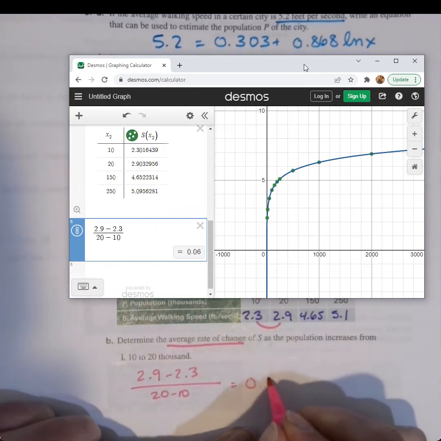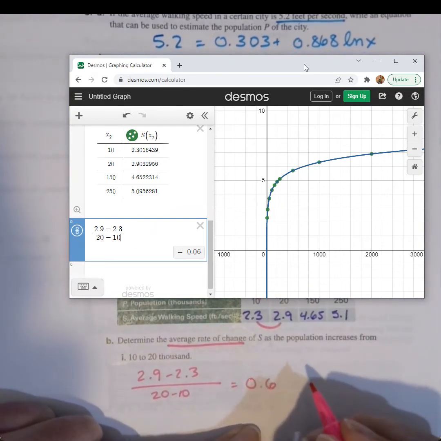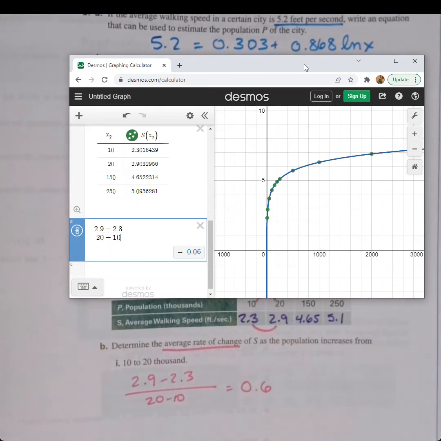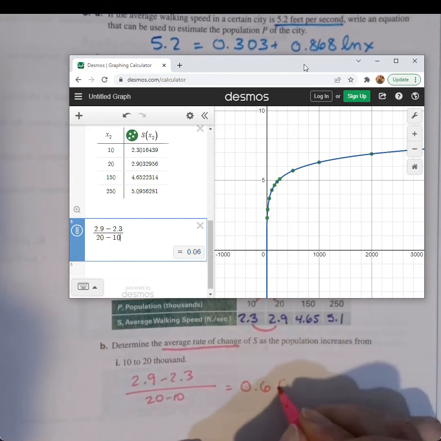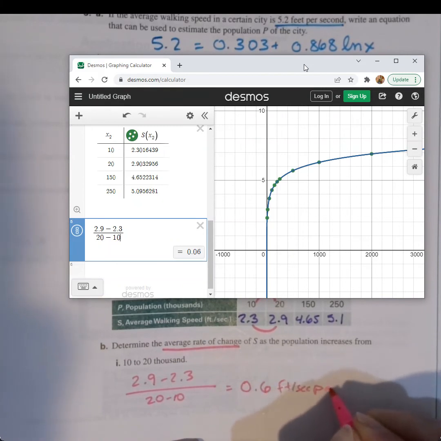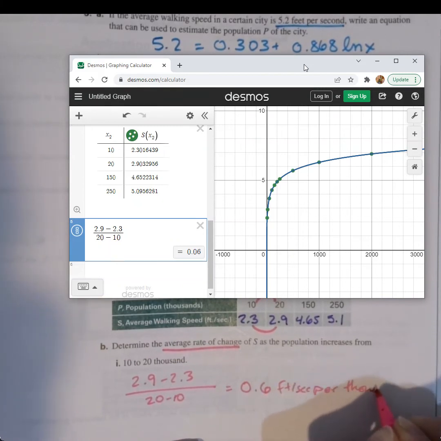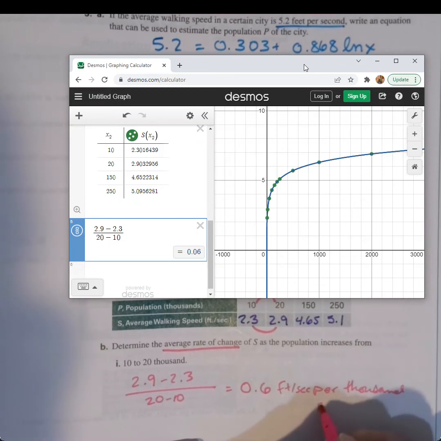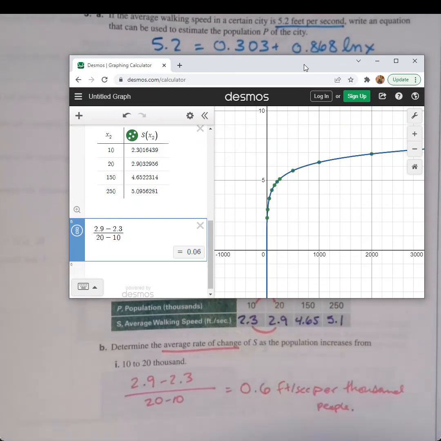So 0.6 feet per second per 1,000 people. So between 10 and 20, the average rate of change means that the walking speed increases by 0.6 feet per second per 1,000 people.